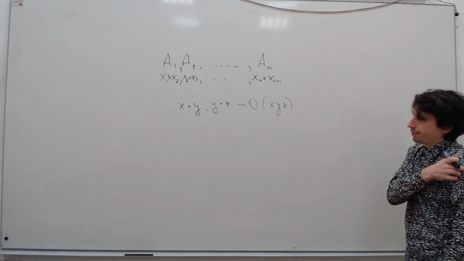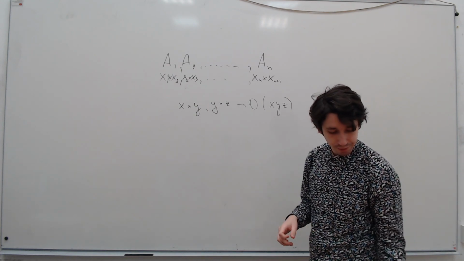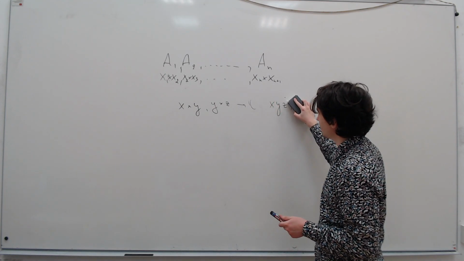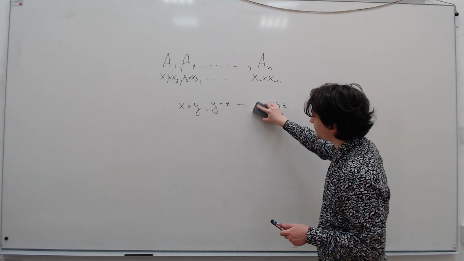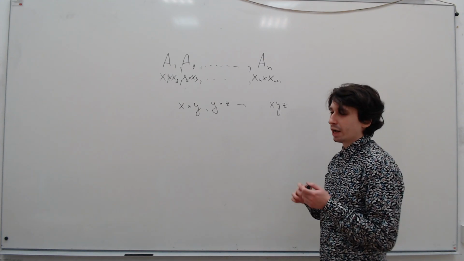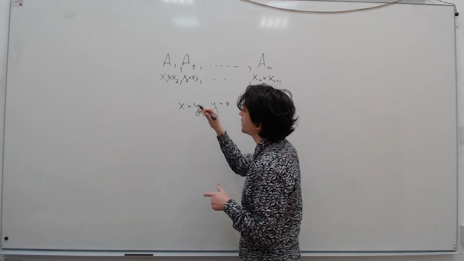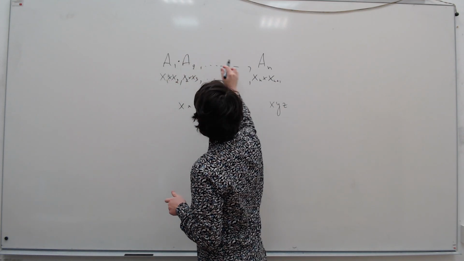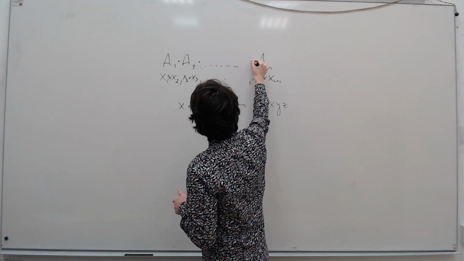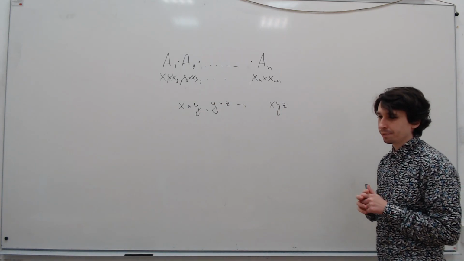Suppose that we know that the total complexity of the multiplication of two matrices is x, y, z. The question is, you're asked to calculate the multiplication of these matrices in the fastest possible time.